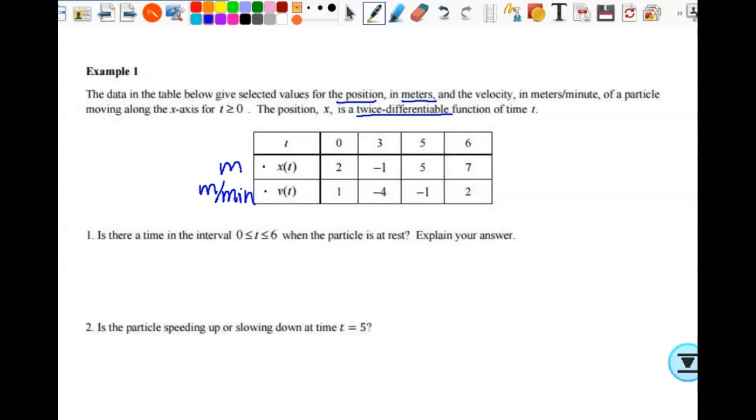Is there a time in the interval from 0 to 6, which is what we have up there, when the particle is at rest? If the particle is at rest, then what has to be true? Any ideas? V of t equals 0.